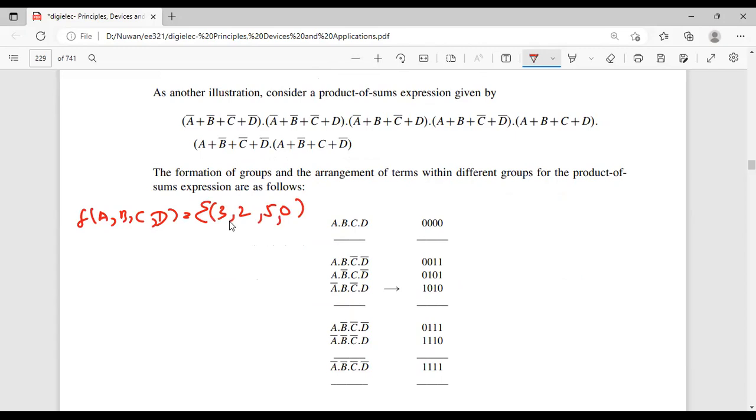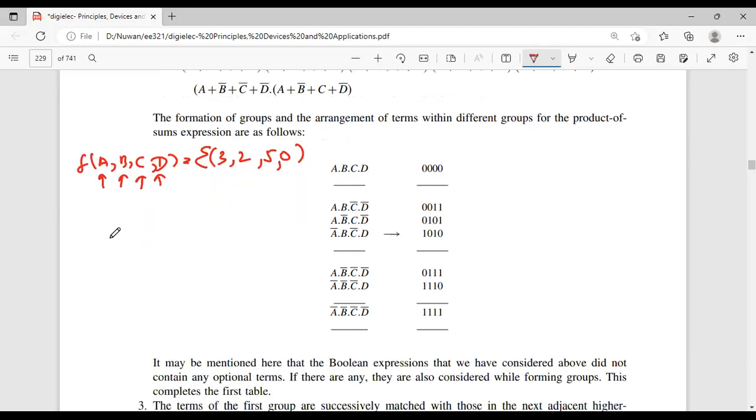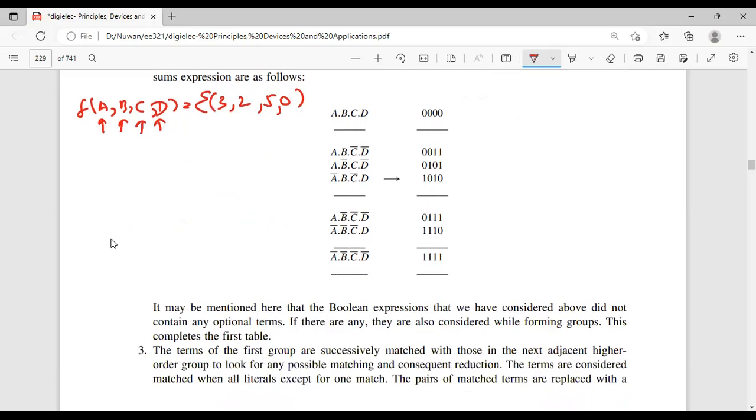You can see the 4 variables are there in this expression, so you have to use these values with these 4 variables.